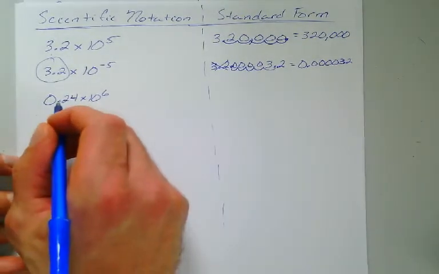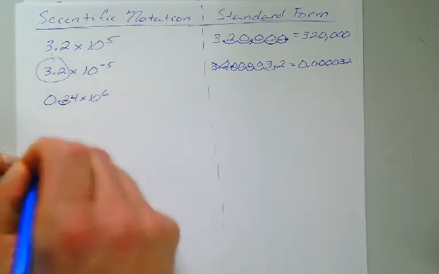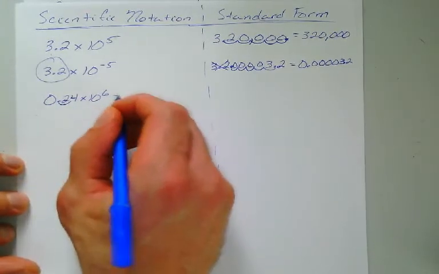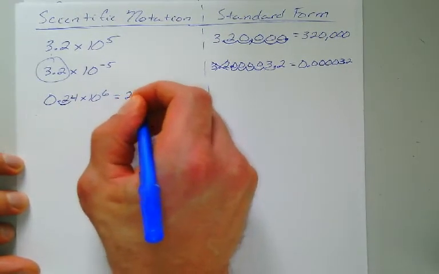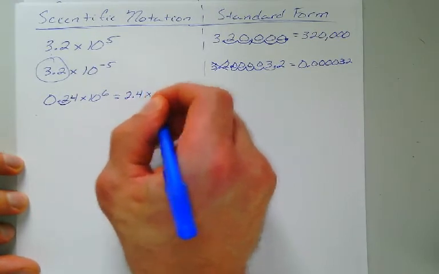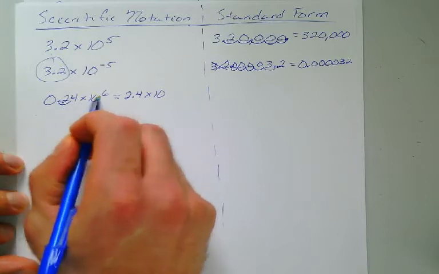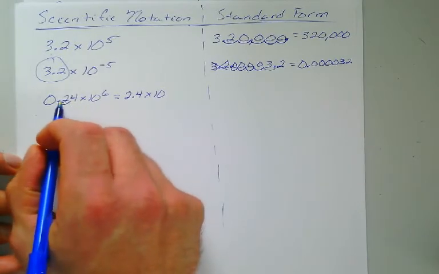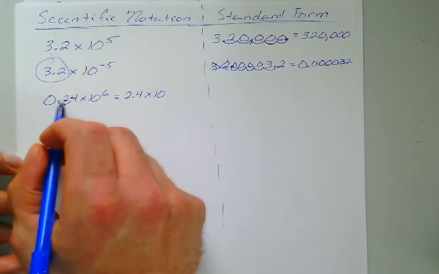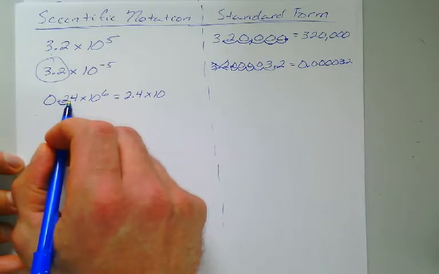So I need to move this decimal to the right to get it between the 2 and the 4. That takes me to 2.4 times 10. Now, if I move my decimal to the right, that's going to impact my exponent. For every time I move my decimal to the right, my exponent is actually going to decrease by 1.